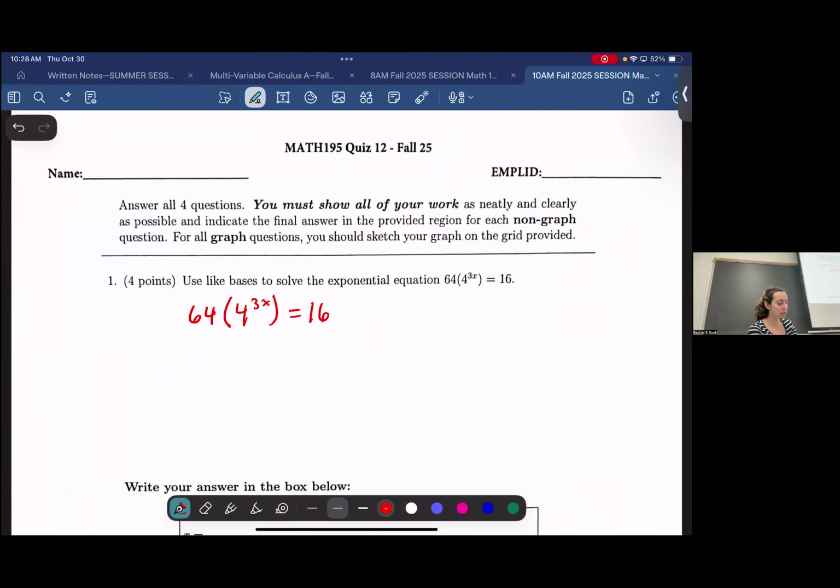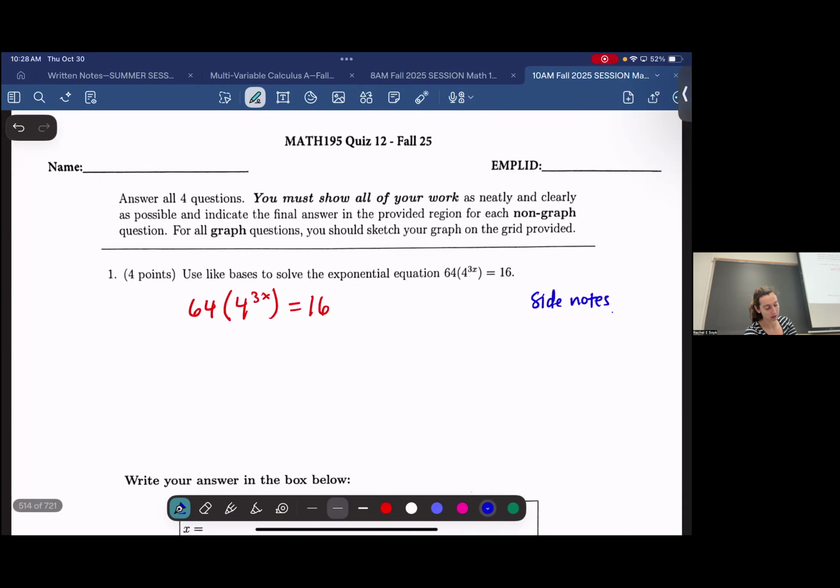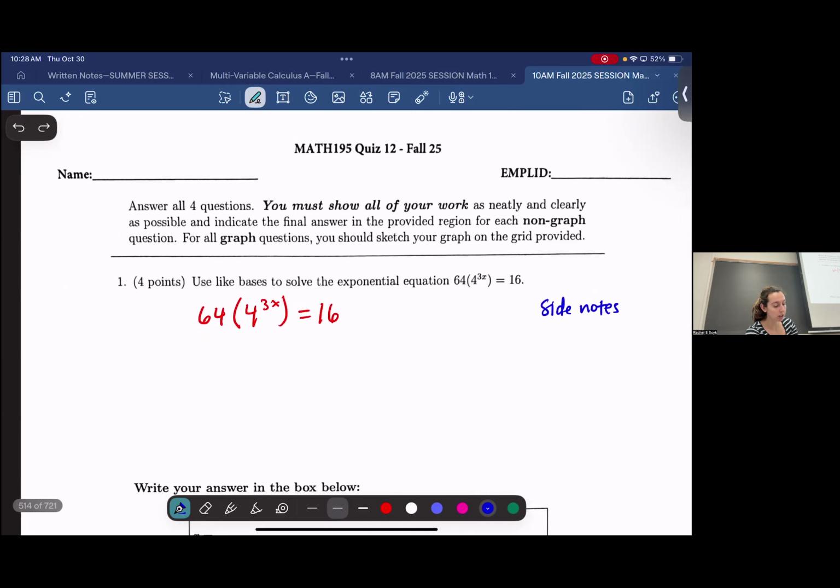And I'm going to create a little side notes column just because we want to use like bases. What like base do you think we're going to use here? 4. And so 64 is the same as what? 4 raised to the third.